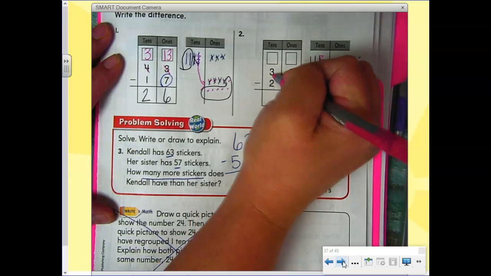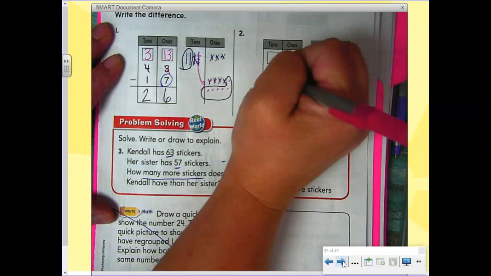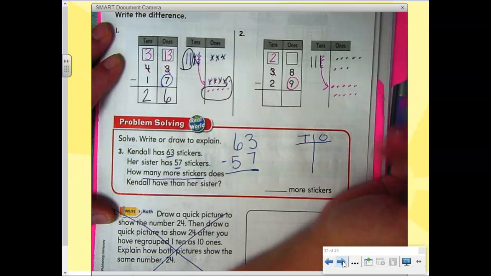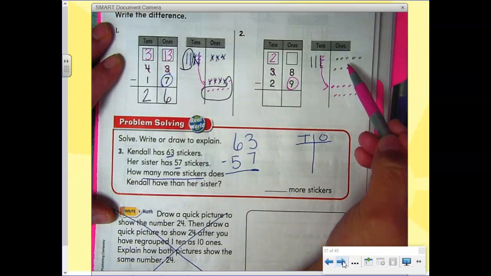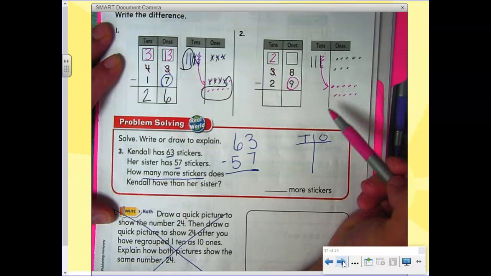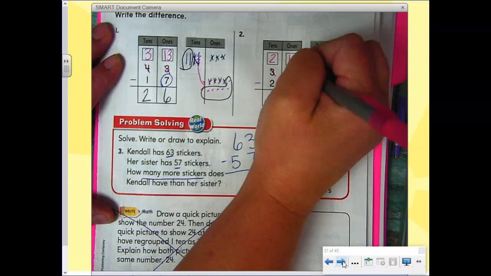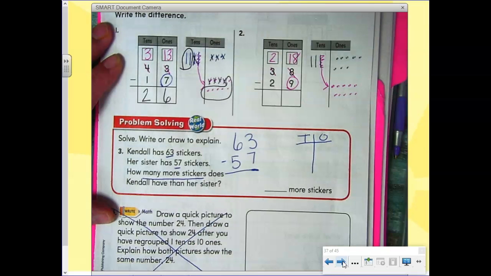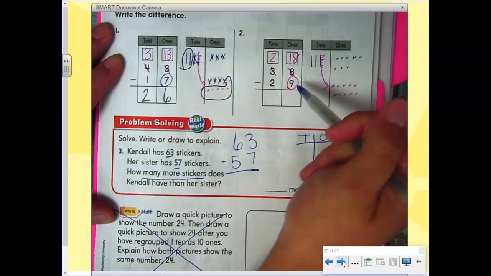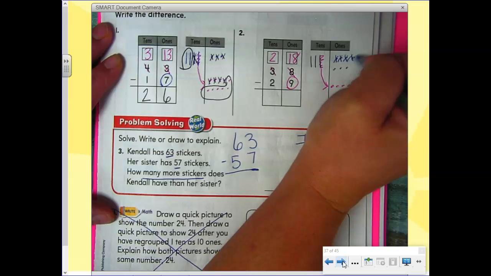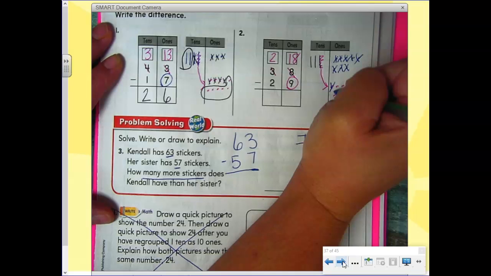So now I had 3, but I took 1 away. 3 minus 1 equals 2. I had 8 plus 10 more. I have 18 now. So now I can subtract. I take away my 9. 1, 2, 3, 4, 5, 6, 7, 8, 9.